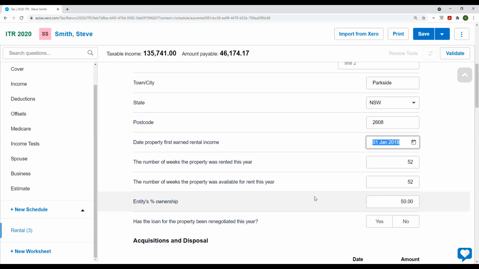For those 6 months, he paid the bank loan interest, insurance, land tax, everything. It is not deductible from the rental income he's going to earn from 1st of January 2018.